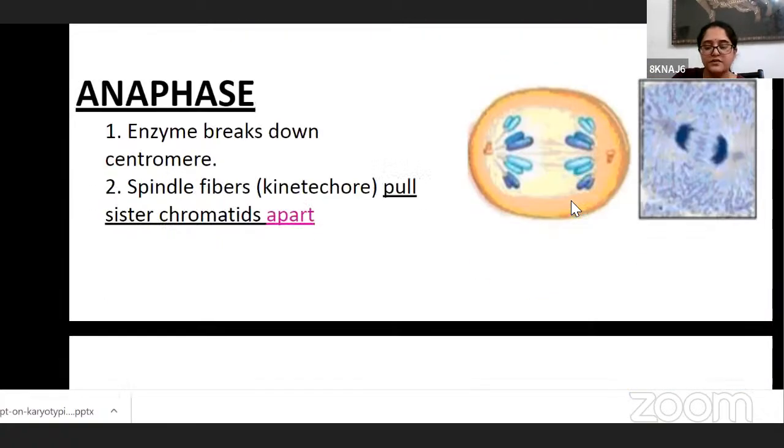In anaphase, the paired chromosomes separate at the kinetochores. These are the kinetochores and the spindle fibers. They pull the sister chromatids apart, and because of enzymes, there is also centromere breakage. After staining, this is how you can identify the picture in the cell.